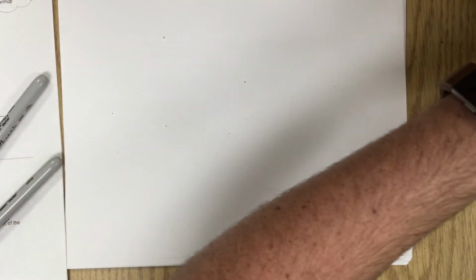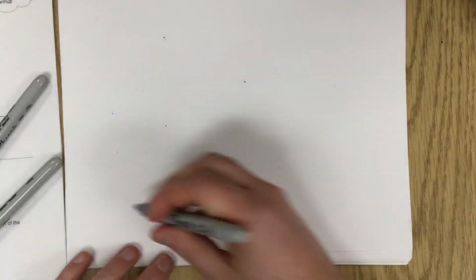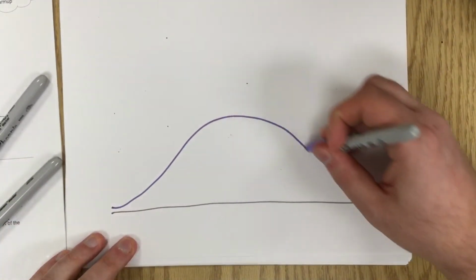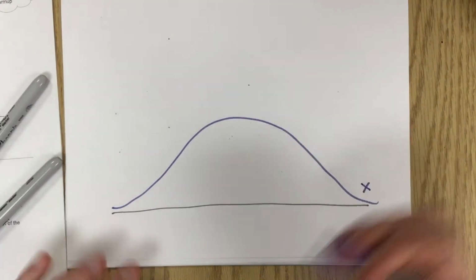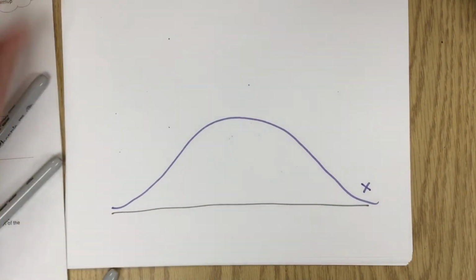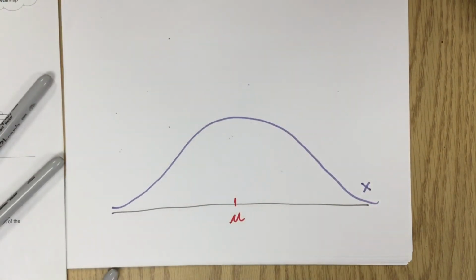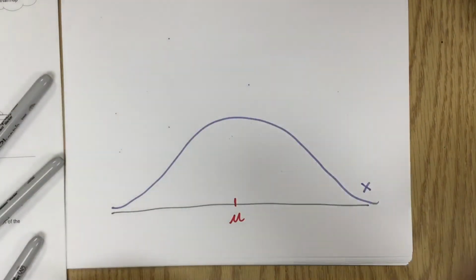So what do we do? It turns out essentially that, and I'll try to show it graphically, if I could find my great pen, if the values of x are distributed like this, where this is the mean, and we take the average of a lot of people, the average is more likely to be closer to the mean.